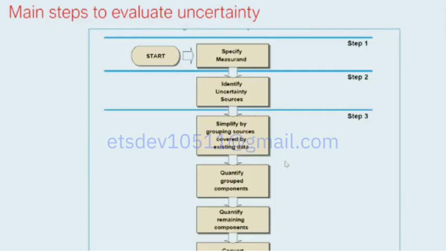Then you simplify each one of them and group them into either the type A uncertainty or the type B uncertainty. Then using the formula that I have shown you earlier, you calculate the arithmetic mean, the standard deviation, and the standard uncertainty, because that is type A. If you are using equipment like the pipette, the burette, the volumetric flask, the balance, the oven, water bath, etc., you look at the calibration certificates and see whether the uncertainty is given, or if the tolerance is given, so that you can calculate the type B uncertainties.